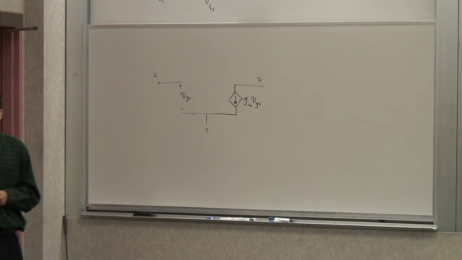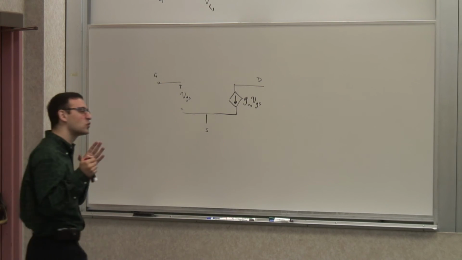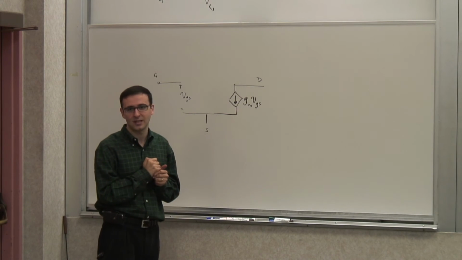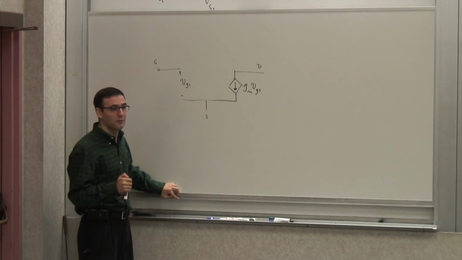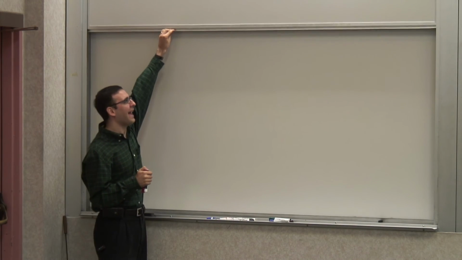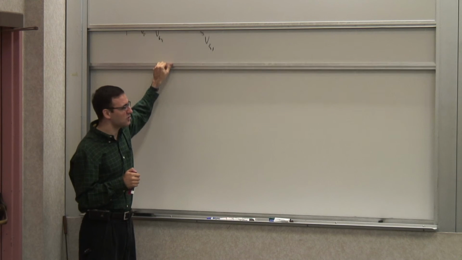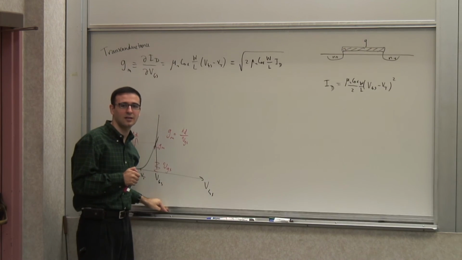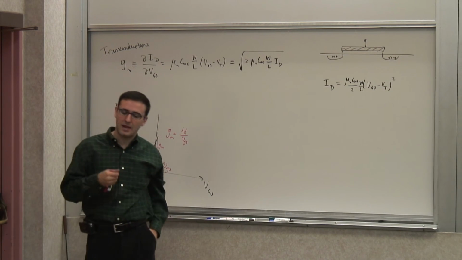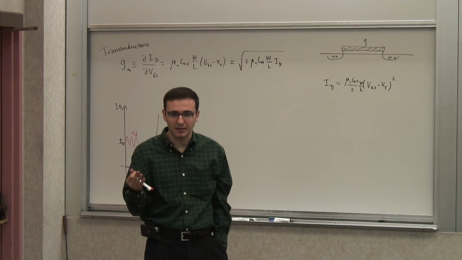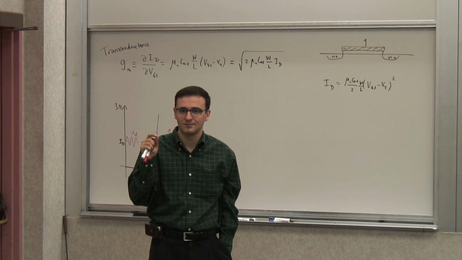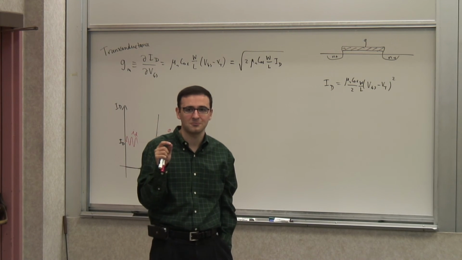Now, the truth is that this is not true anymore, and I'll tell you why. With very small transistors, you have a gate oxide that's extremely thin. You can have basically a 2 nanometer gate oxide. 2 nanometers is 20 angstroms.